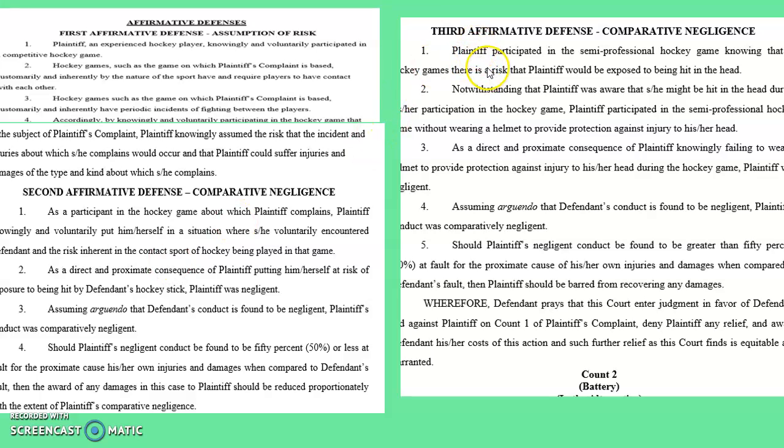And then in his third affirmative defense, he raises another comparative negligence defense, knowing basically that hockey's just a risk and that you could be hit in the head, and that the plaintiff was aware of that.